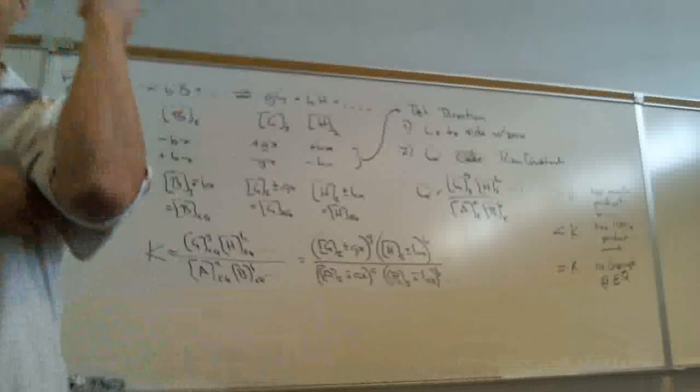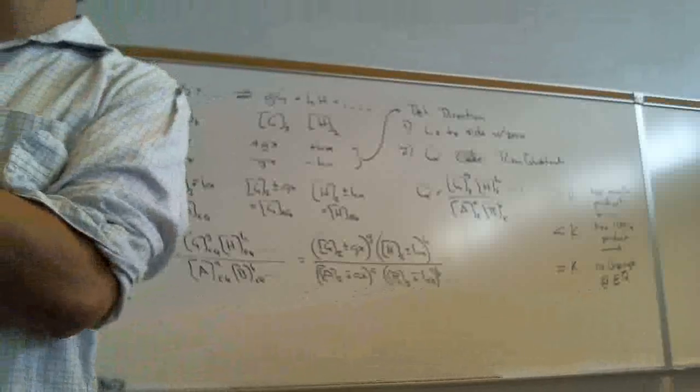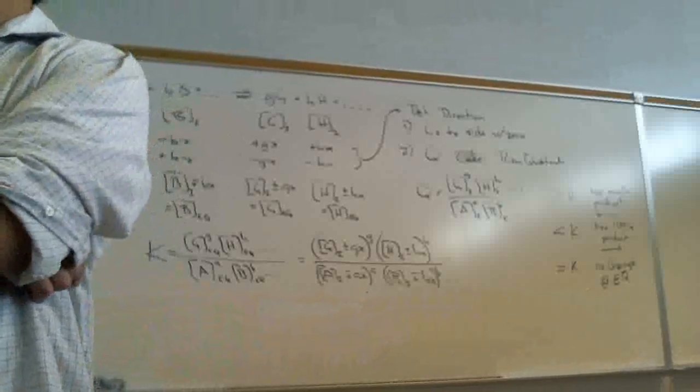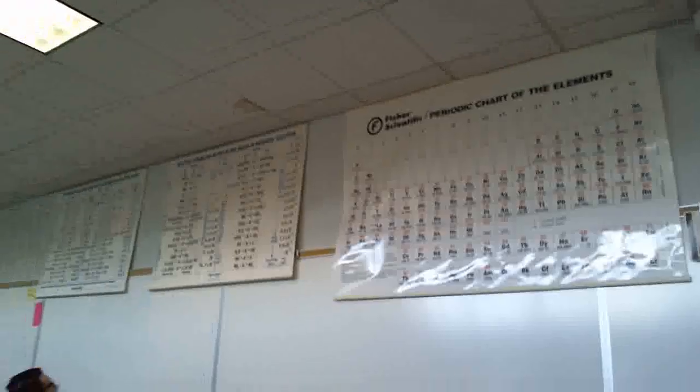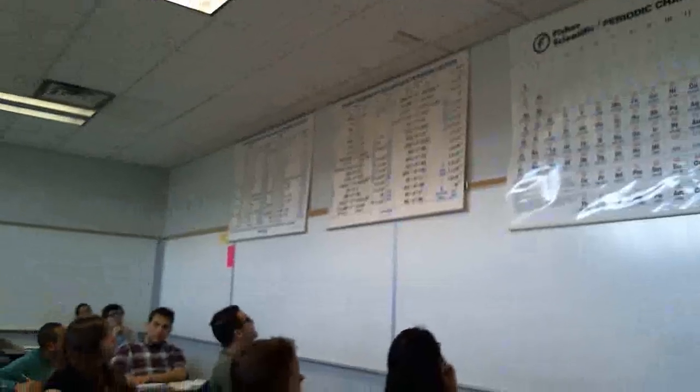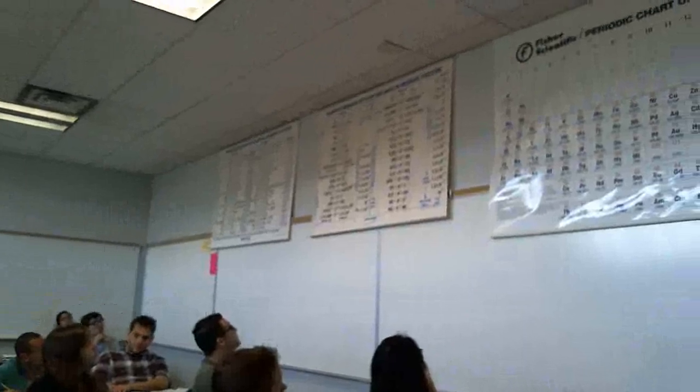K's are very important. If you look at the acid chart, do you see on the very far right column, at the top, it says Ka? Ka just stands for acid. The Ka values are very important because those are all equilibrium reactions.